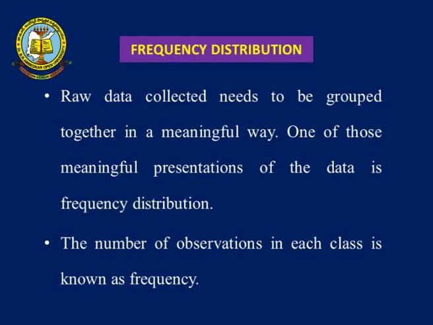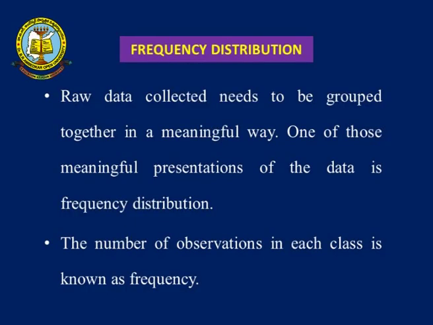Raw data collected needs to be grouped together in a meaningful way. One of those meaningful presentations of the data is frequency distribution. Earlier we took the example, number of children in a family, 0, no children in a family, that is one of the frequencies. So, the classification data is organized in a good manner.